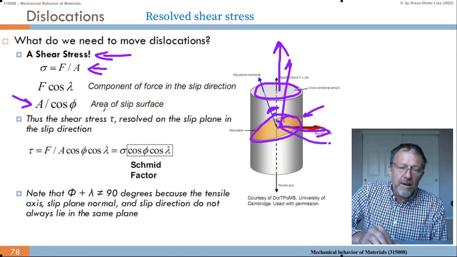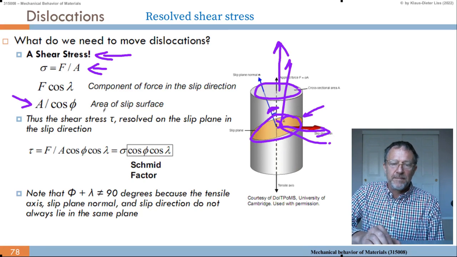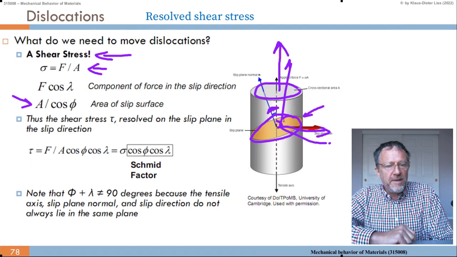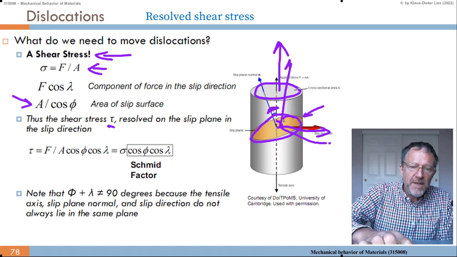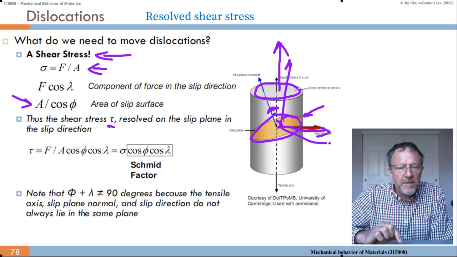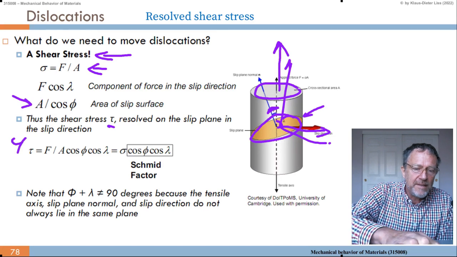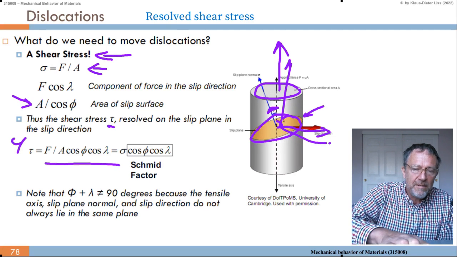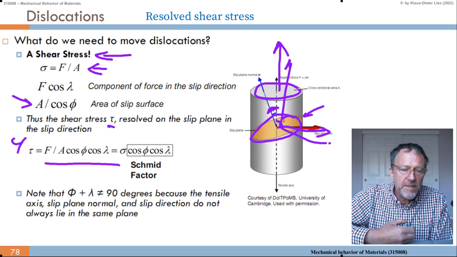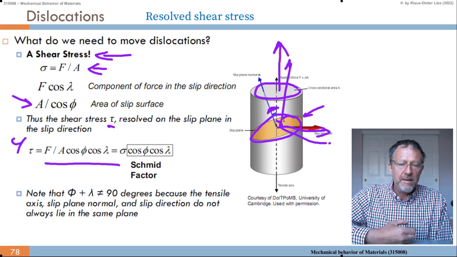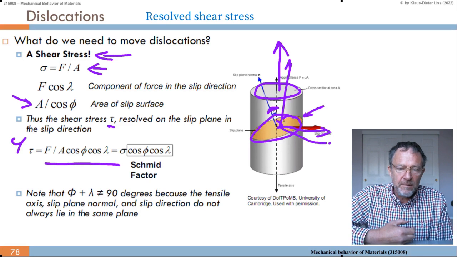So A over cosine phi. So let's put these two together. Then the shear stress tau resolved on the slip plane in the slip direction becomes tau equals the force divided by A cosine phi cosine lambda.